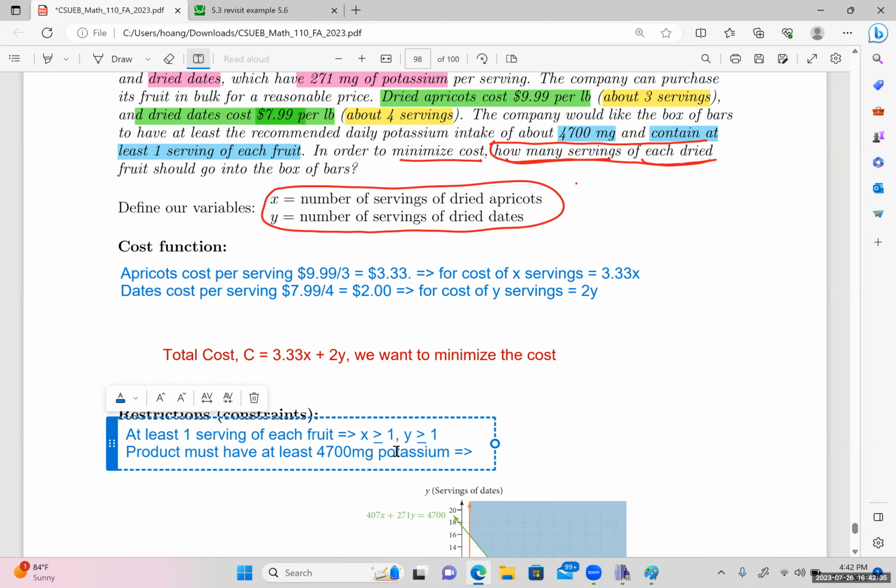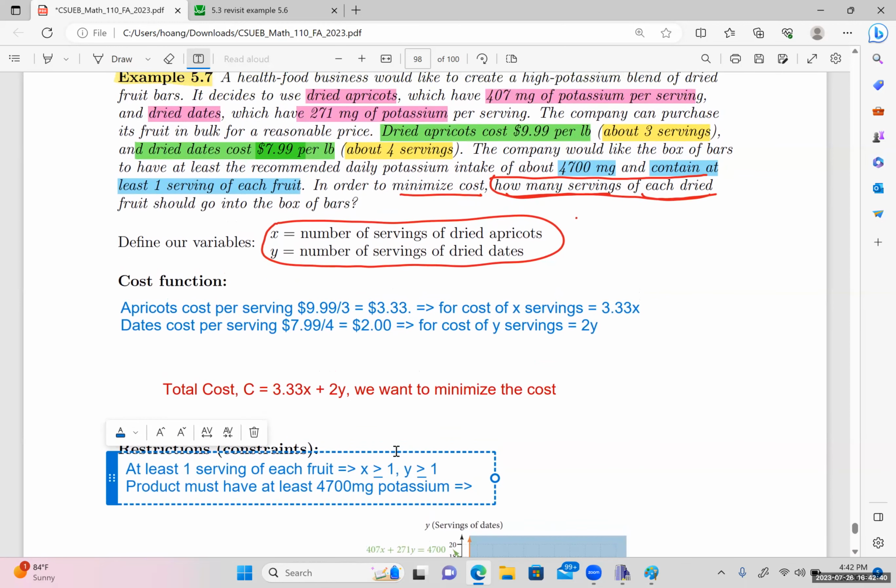You know that we have 8 dry apricots, which have 407 milligrams, right? So 407x, adding with y servings of dry dates, which have 271.